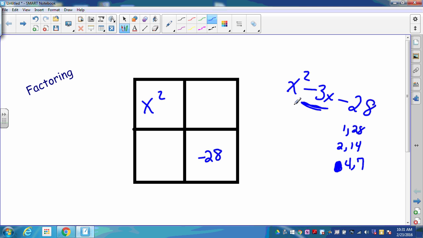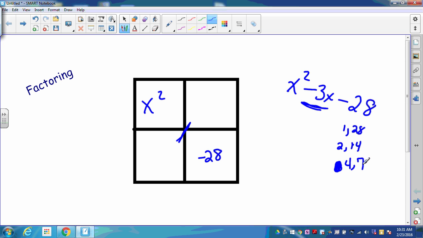Now remember, when we add those middle two boxes together, we want it to add up to negative 3. So is there any way for us to add 1 and 28 together to get negative 3? Hopefully you said no. Is there any way to add 2 and 14 together and get negative 3? Hoping you said no again.